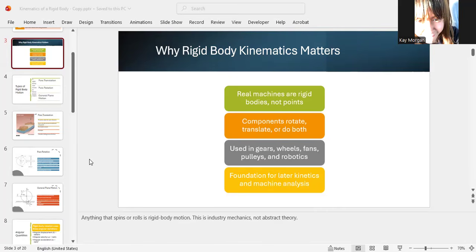So not as a single dot in physics. Physics dynamics and mechanical dynamics are very different, because physics usually deals with a lifeless dot and little circular objects like that, but we deal with real machines, solid objects, machines, devices and so on.